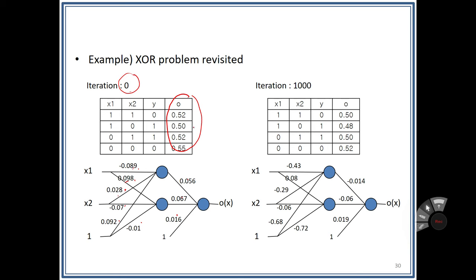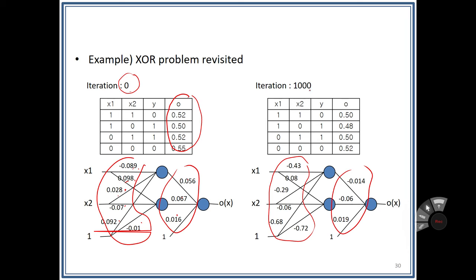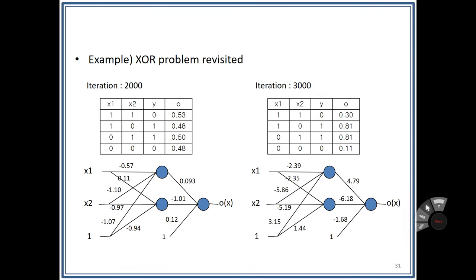So using the error backpropagation algorithm, we update these values by the gradient descent method. Then this one is the updated value after 10,000 repetitions. Still the output of the neural network seems stupid. So we repeat again and again.